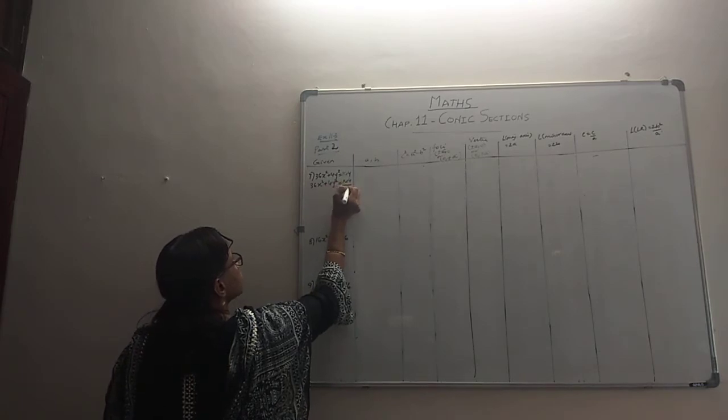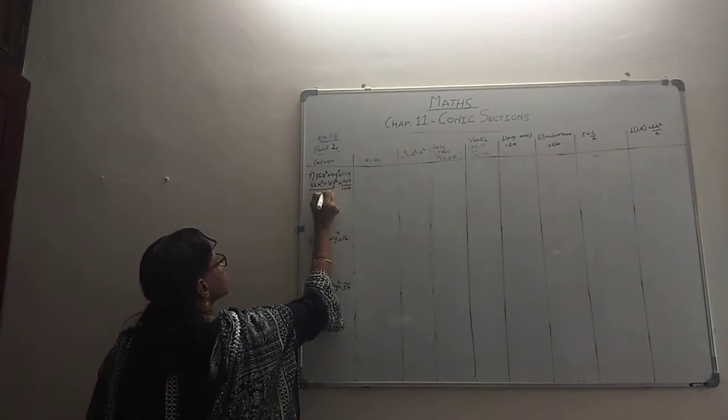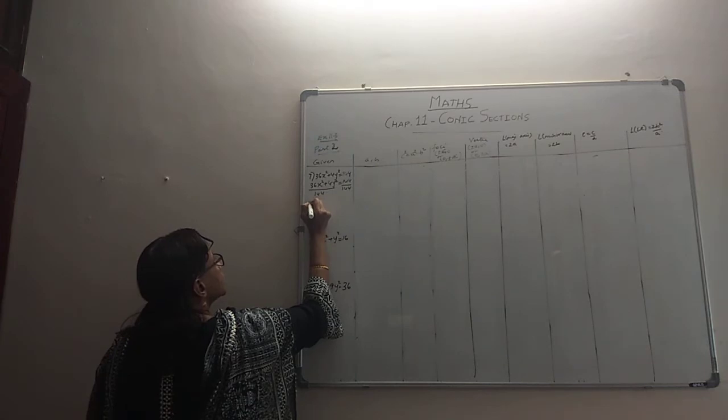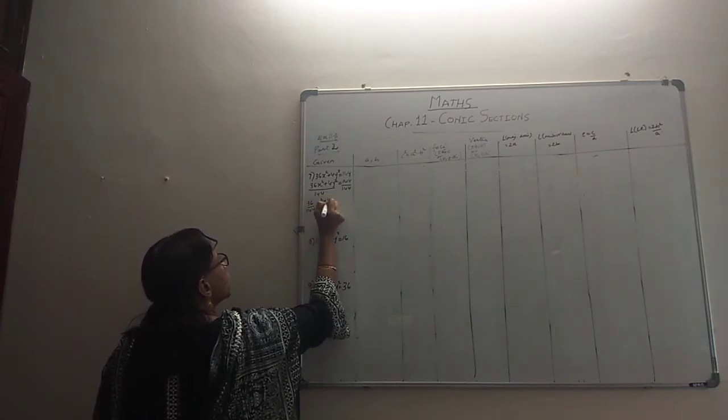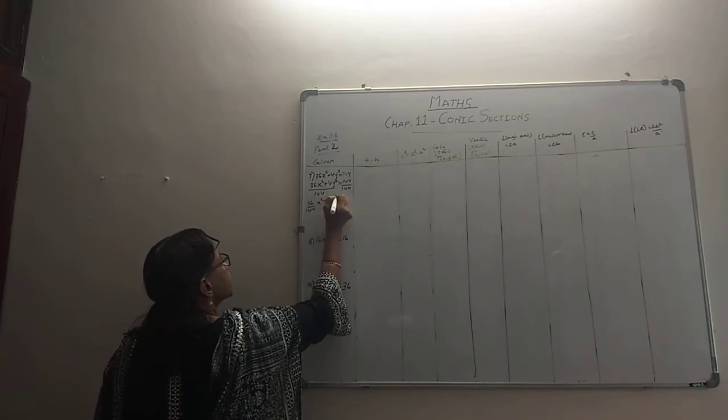144 on this side also, 144 on this side also. So what will happen? You will get 36 by 144 times x squared, 4 by 144 times y squared, and here you will get 1.